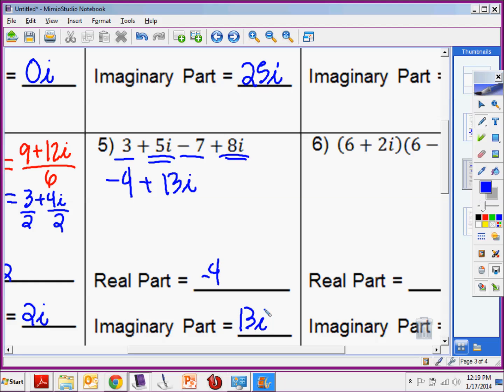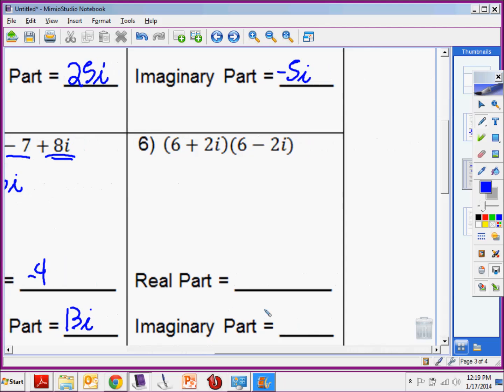Oh, snap, we got to do FOIL. Alright, so we got a FOIL. 6 times 6 is 36. 6 times negative 2i is negative 12i.